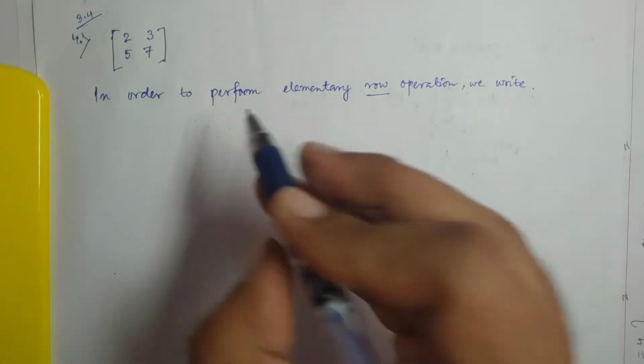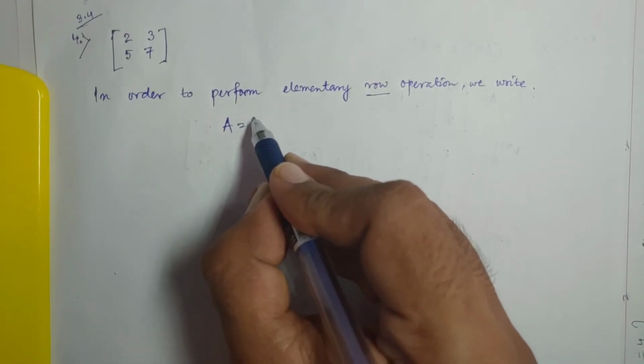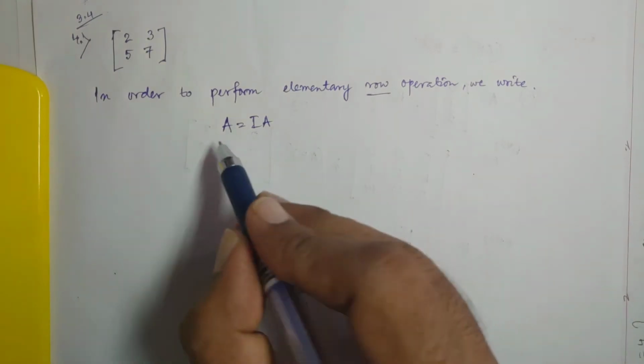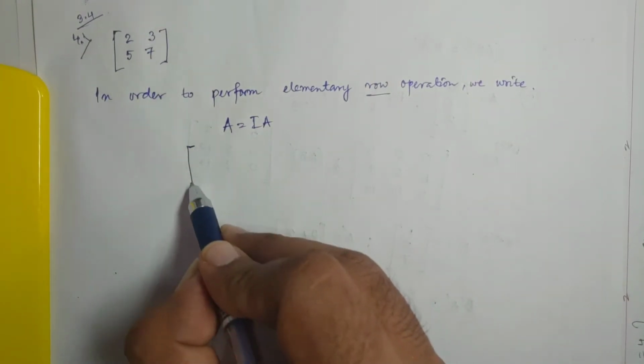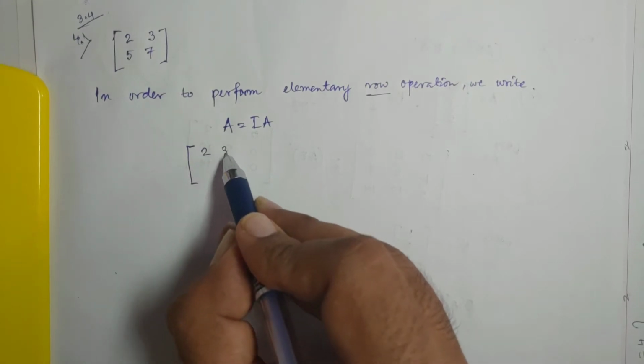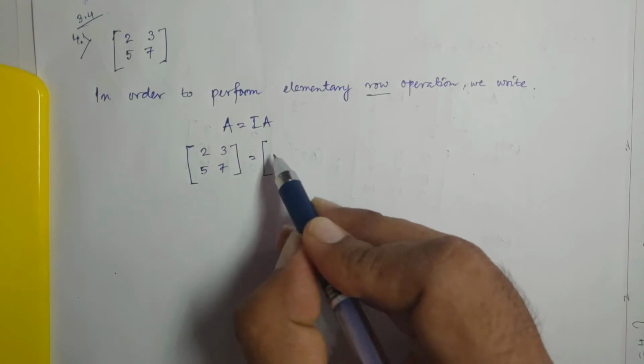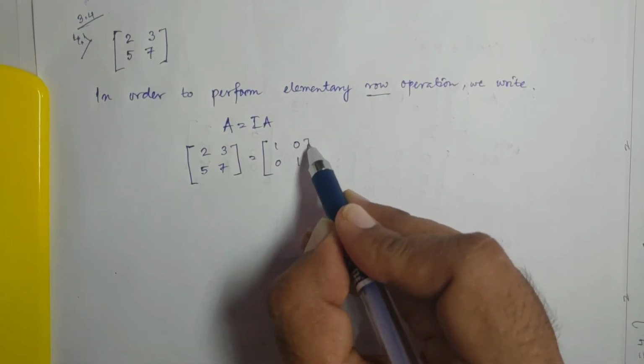Since we are doing row operations, it will be A = IA. Okay, very clear. A = IA. This is our first step. So A is our [2, 3; 5, 7], and I is our [1, 0; 0, 1].